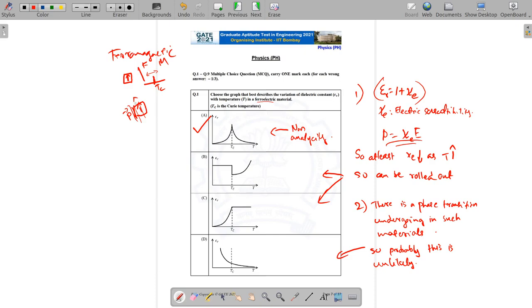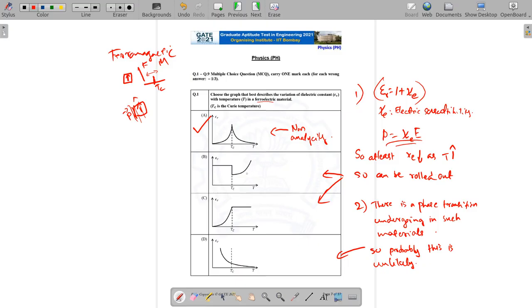Finally, like in the paramagnetic situation, they will arrive at a situation where there is no net polarization in that material. So what does that mean in this case? Chi e should be decreasing as you heat up the substance, as you increase the temperature.